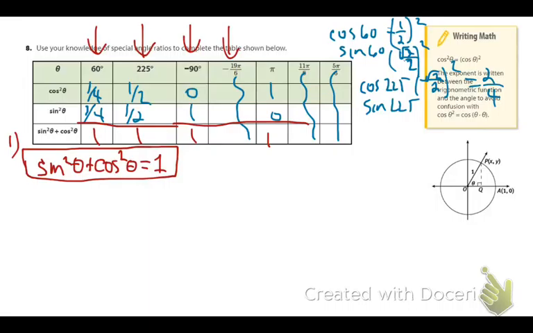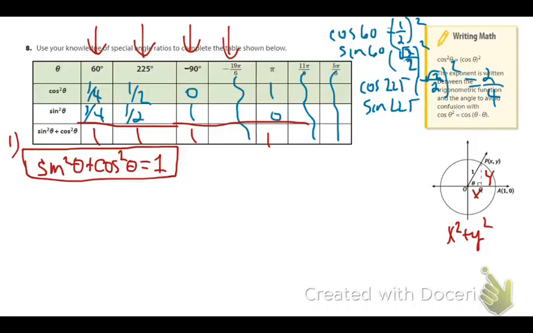What is the value of, if I use my x and y, and I wanted to set this up? What are my sides here? I have x and I have y. So if I had x squared plus y squared, that would equal my radius. My radius in the unit circle is what? 1.